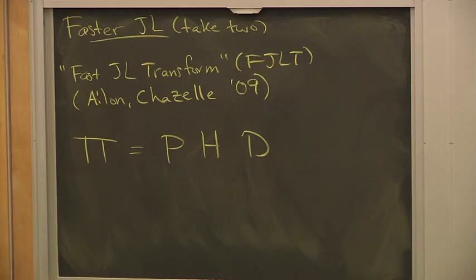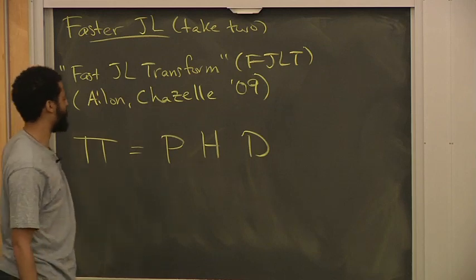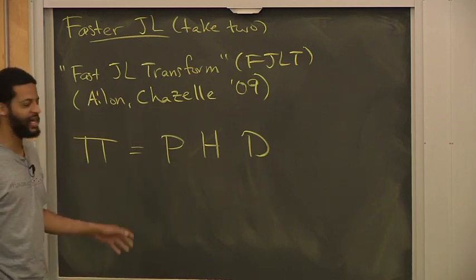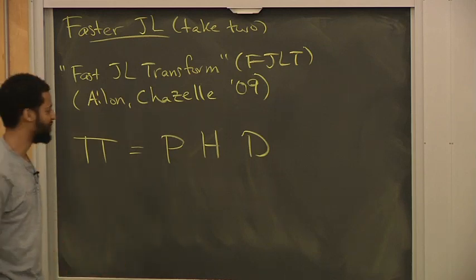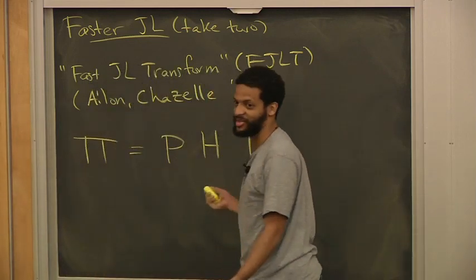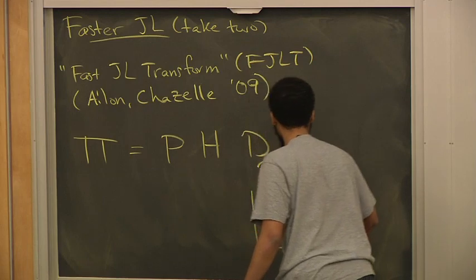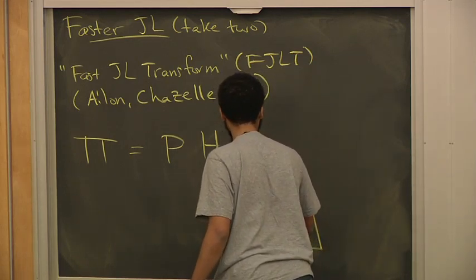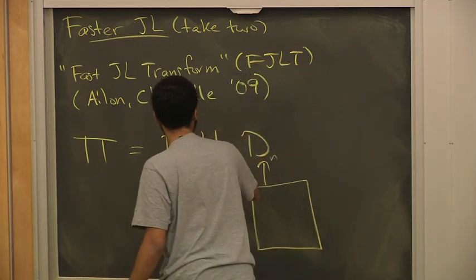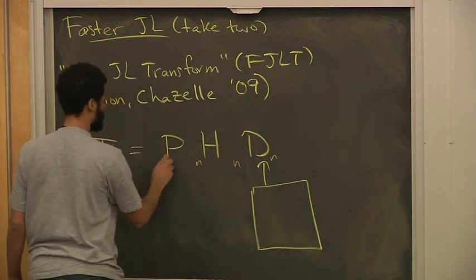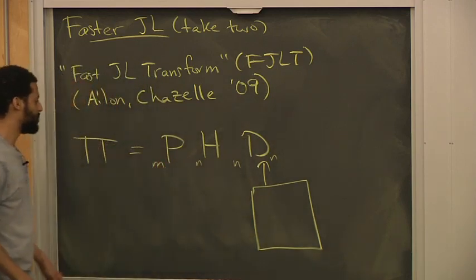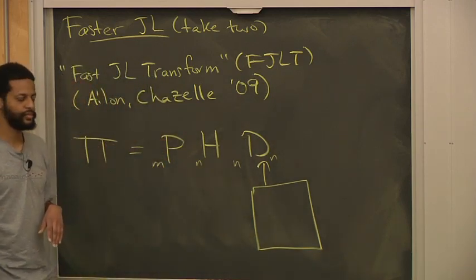Other than the P, the other two fit. D is going to be a diagonal matrix, which is n by n. H is also n by n. And P is m by n. So the total matrix is m by n.